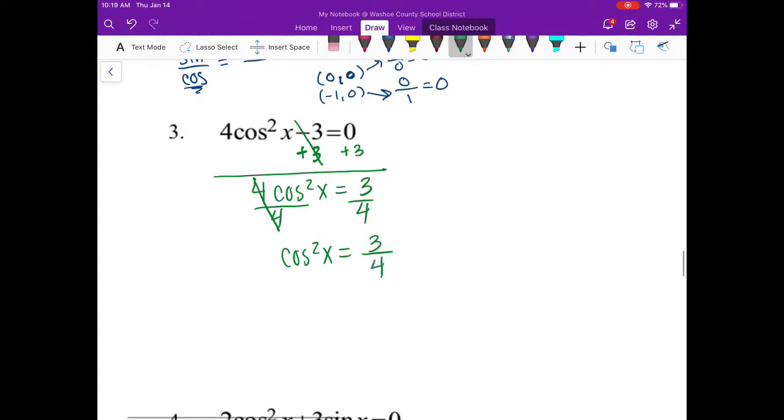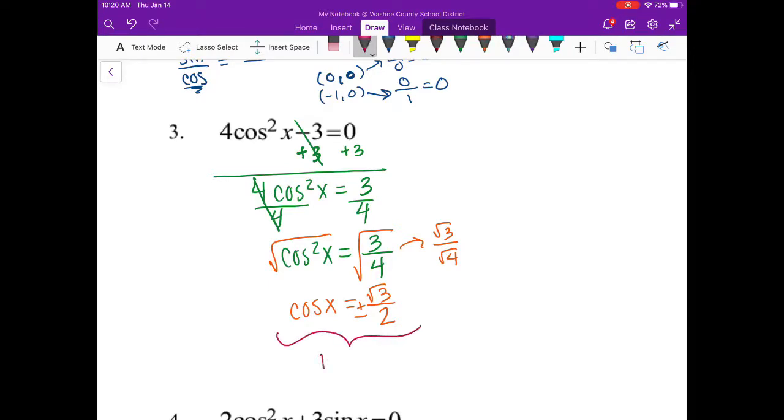So I have this so far, and I get rid of that squared by taking the square root. So cosine of x, and this can technically split up into square root of 3 over square root of 4. The square root of 3 we're just going to leave alone, but square root of 4 becomes 2, and then this is all plus or minus. Okay, always include the plus or minus when you are taking the square root of a number.